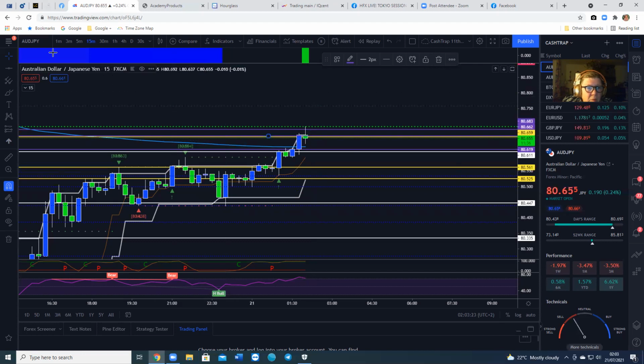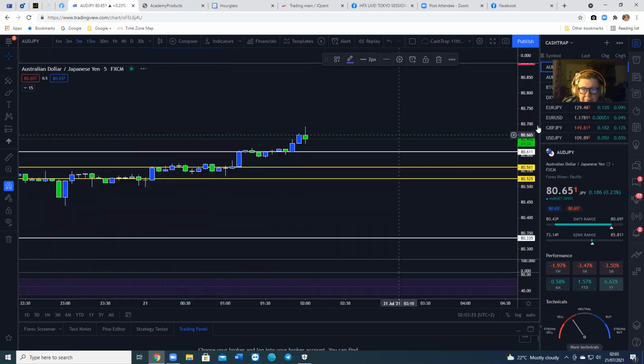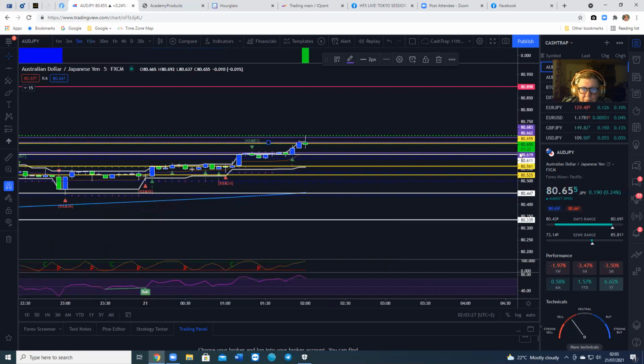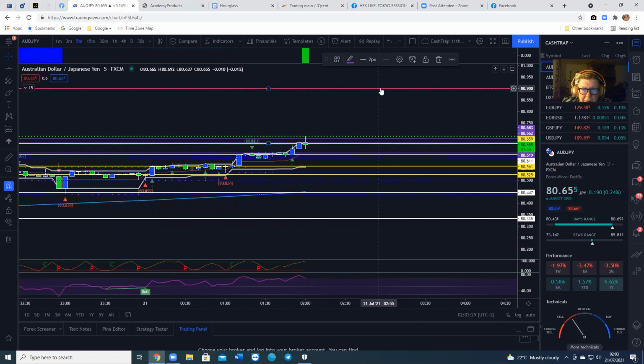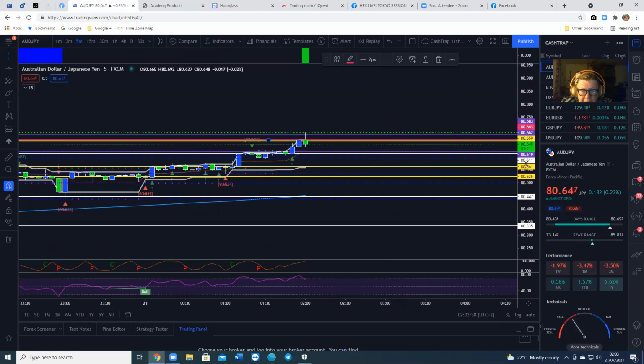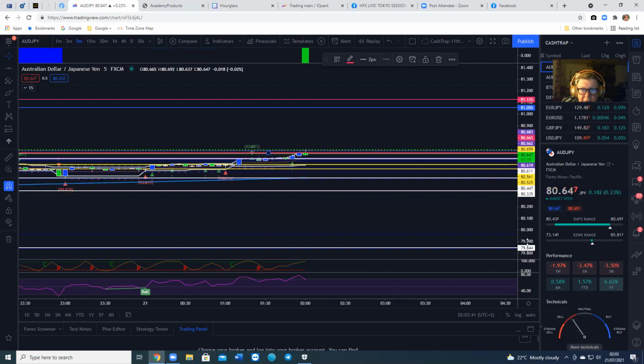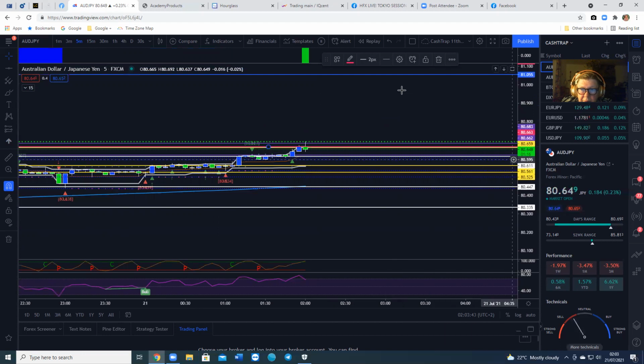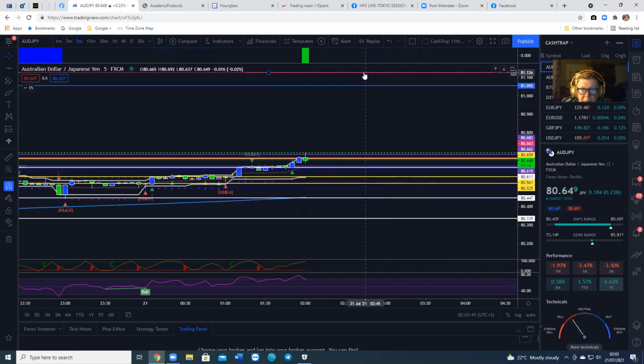This is AUDJPY, Australian dollar, Japanese yen, and just put a 5-minute line on there, and got a couple more here that I had from earlier.